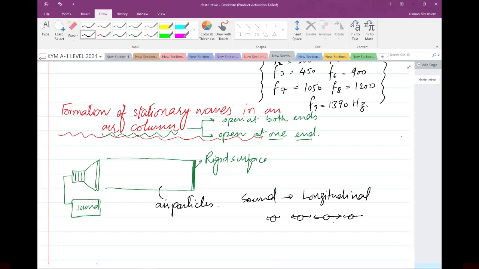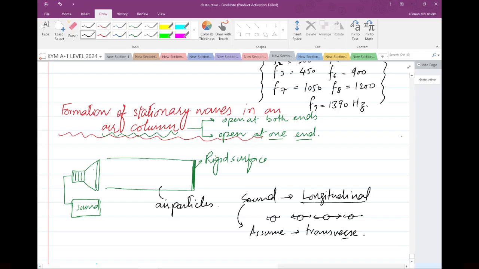That is why for the time being we are going to assume, and the examiner will also assume, sound wave to be a transverse wave, because it's easier to show stationary waves using a transverse wave rather than a longitudinal one. First, we are going to try and develop a concept, and then I'll show you what a stationary wave will look like using longitudinal notations.